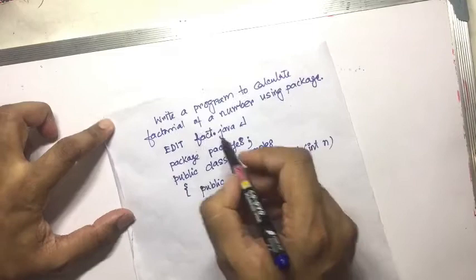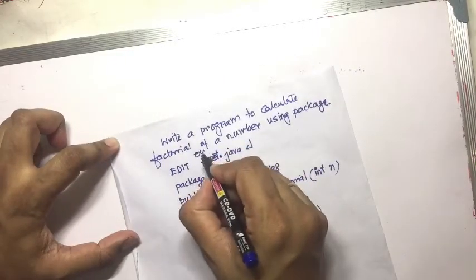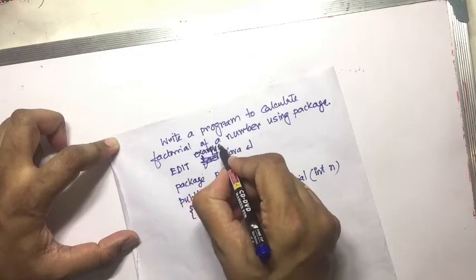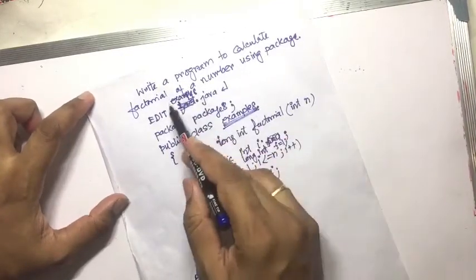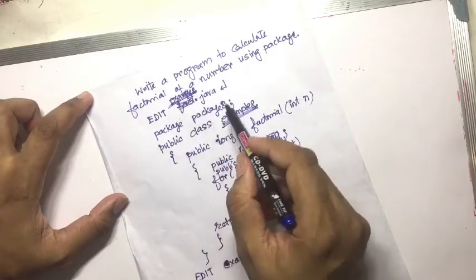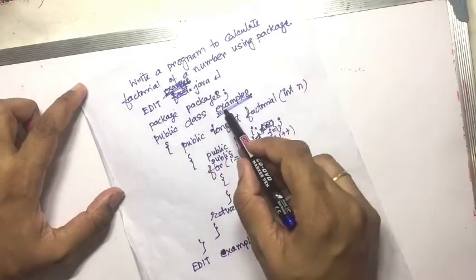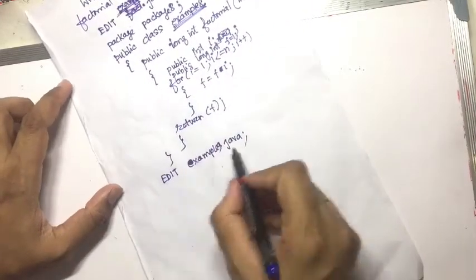The actual name is example 8.java, because the name of the class is the name of the program. Now there is example 9.java, which is another program.